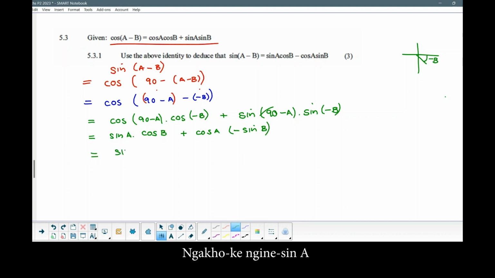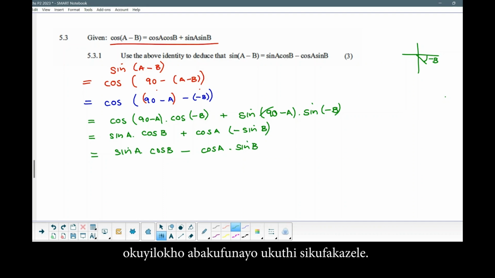So I have sine A times cos B minus, because they're positive and a negative, cos A times sine B, which is what they wanted us to prove.